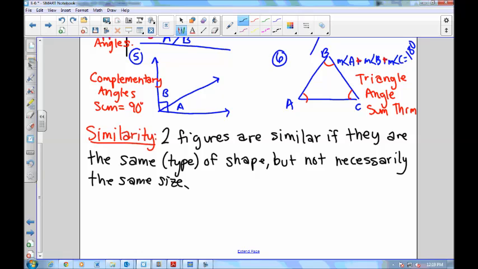Two figures are similar if they are the same type of shape, but not necessarily the same size.